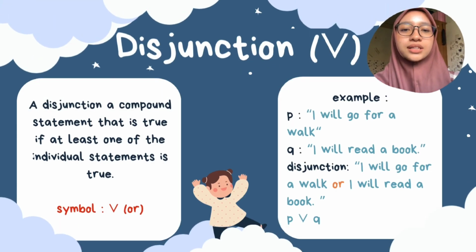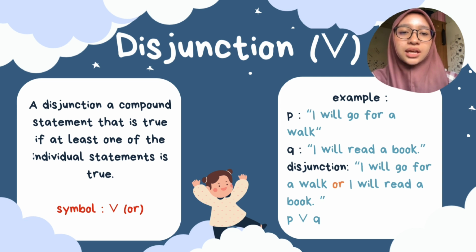Let's explore an example. Let P be I will go for a walk, and Q be I will read a book. When we combine these two statements with a disjunction, we get: I will go for a walk or I will read a book. If either statement 1 or statement 2 is true, then the entire disjunction is true.